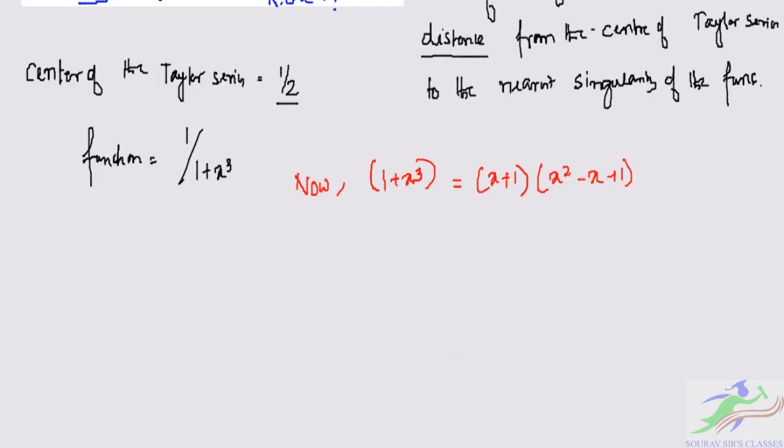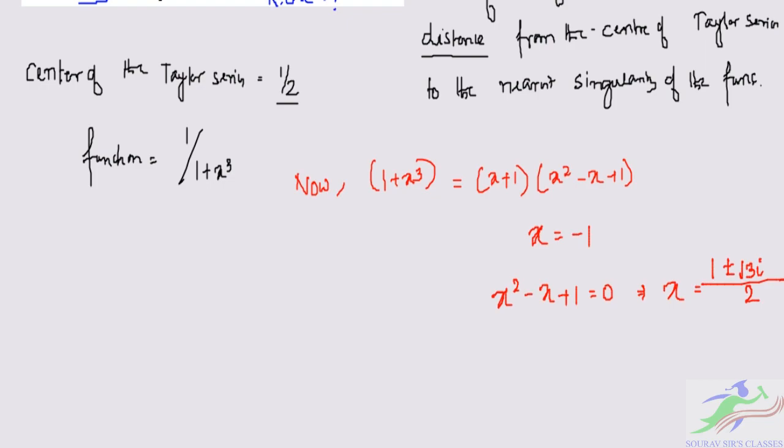So from here we can see that x equal to minus 1, and for the other factor, x square minus x plus 1 equal to 0, we get x equal to 1 plus minus root 3 i by 2.